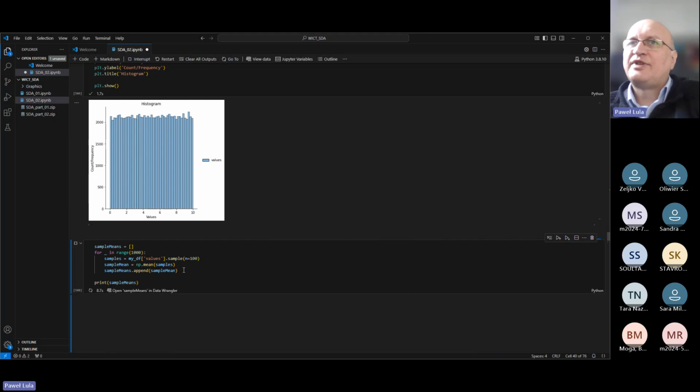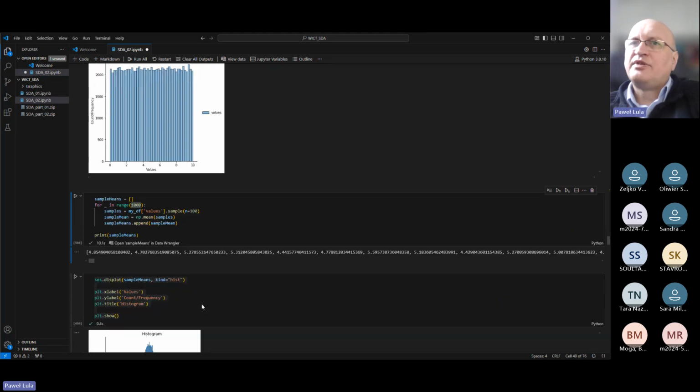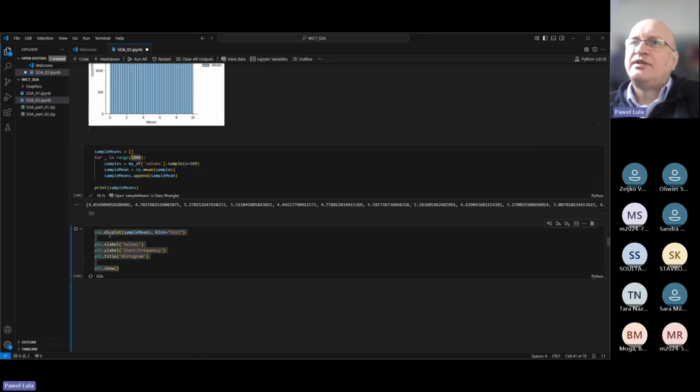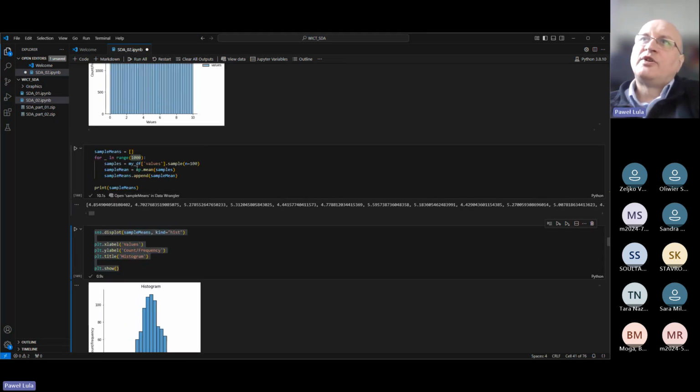For 1,000, I think that it will be easier to calculate. Yes, we have these values, and here we see the distribution. So for every experiment, for every iteration, I calculated the mean value for this subset, which was randomly chosen from values which have uniform distribution.